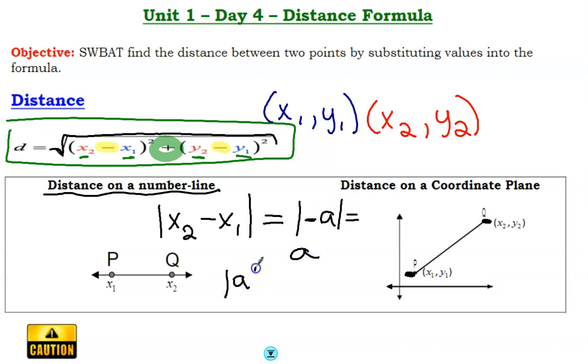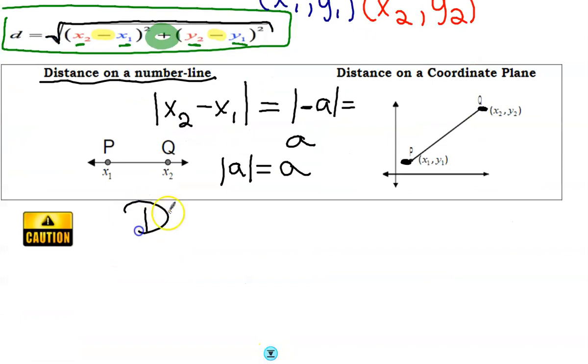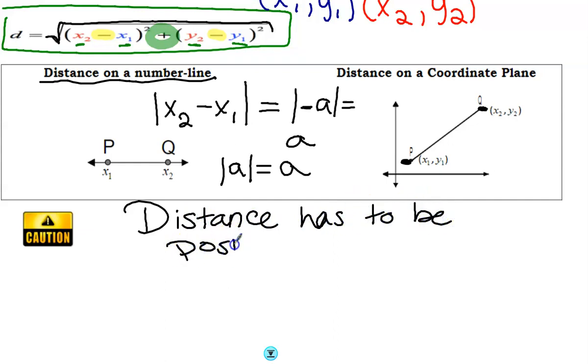Let's say that your distance was already positive, so it also comes out positive because distance has to be positive. So your distance has to be a positive number, okay? So that is very important to remember when you are solving and answering these questions about distance, okay?